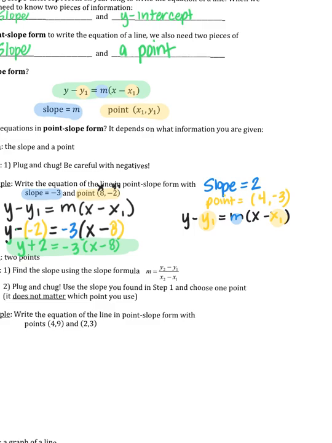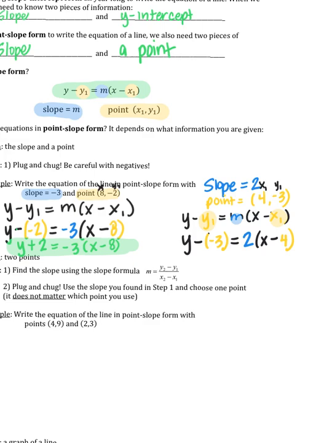So y minus y1, if I labeled this x1, y1, would be minus -3 equals my slope, which is 2, times x minus 4.